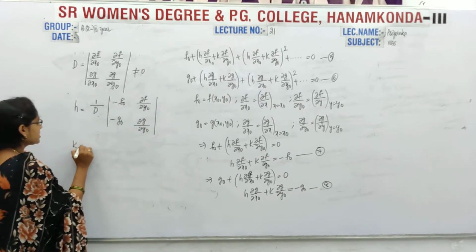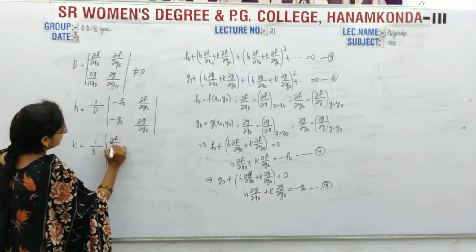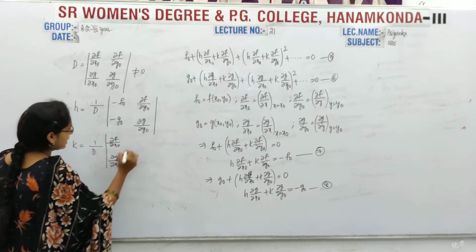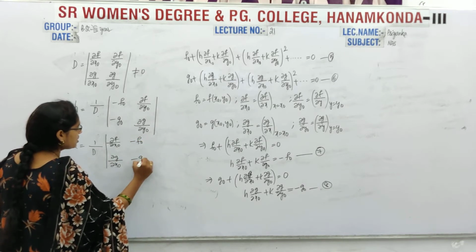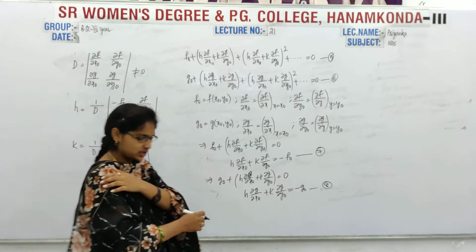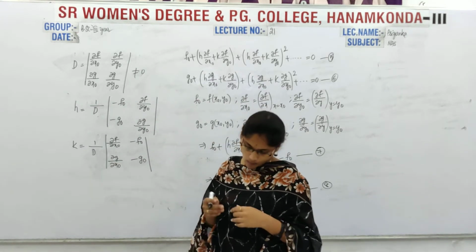Similarly, what is k? k is 1 by D of dou f by dou x naught, dou g by dou x naught, and here minus f naught, minus g naught. Therefore these are the values of h and k.